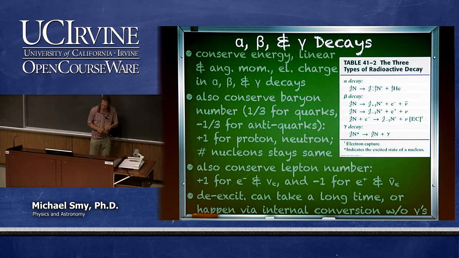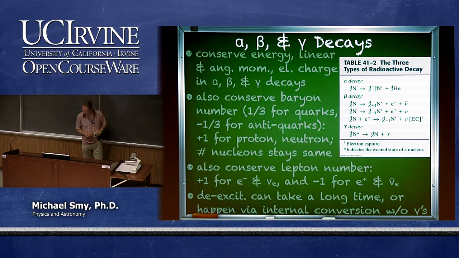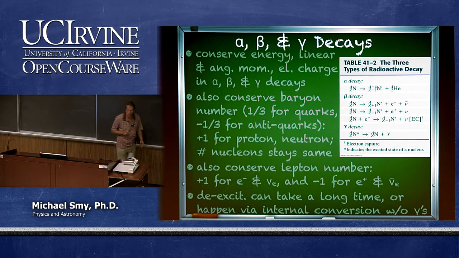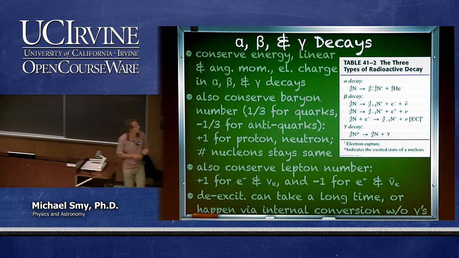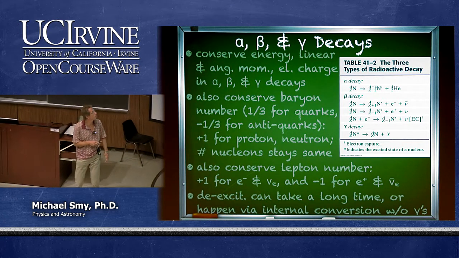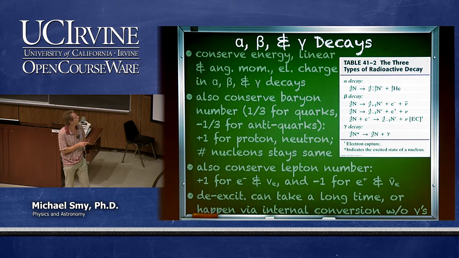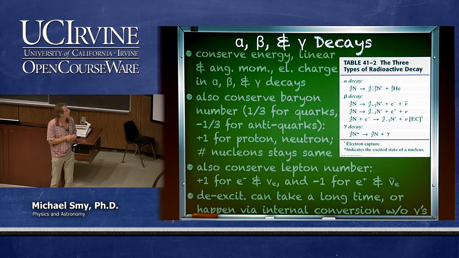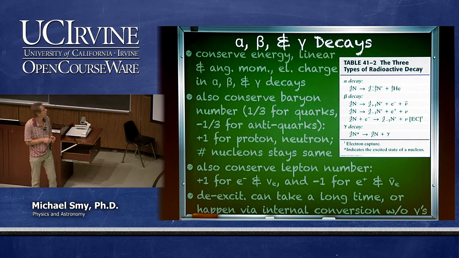So we can now summarize alpha, beta, and gamma decays. We have several conservation laws that apply in the process of all of those three. Just like in mechanics, we conserve energy, linear and angular momentum. And like in electrodynamics, we also conserve electric charge in the alpha, beta, and gamma decays. However, we conserve other things as well.